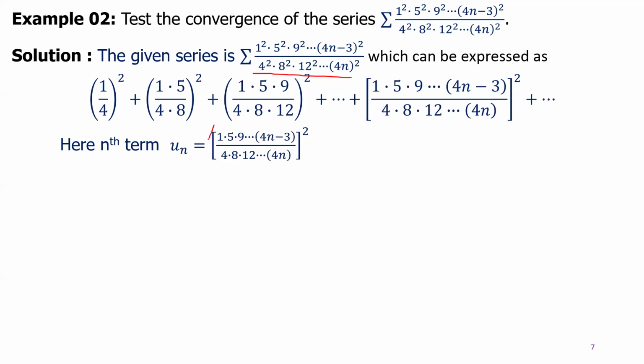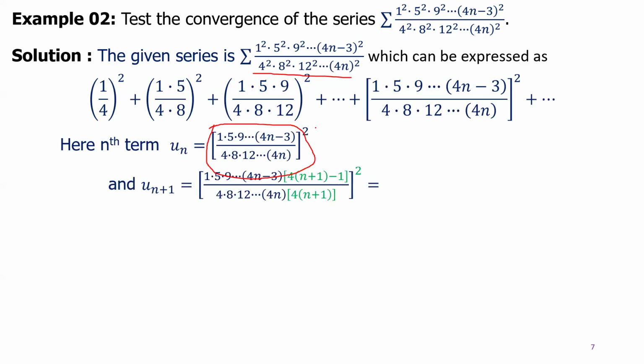Since here un has its power 2, first we apply the ratio test, and then we apply the logarithmic test if the ratio test fails.